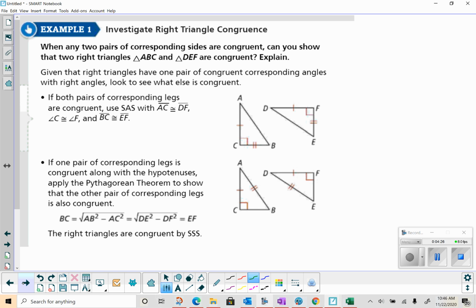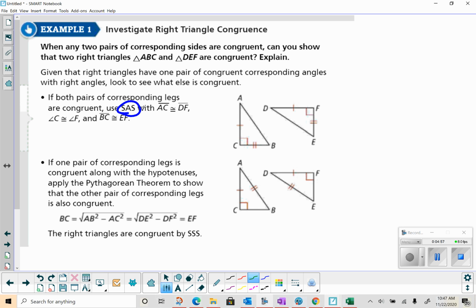When any two pairs of corresponding sides are congruent, and one of the angles is a right angle, what can happen? Well, if the two pairs of corresponding sides make the right angle the included angle, then those two triangles turn out to be congruent by side-angle-side. And that's no big surprise at all.